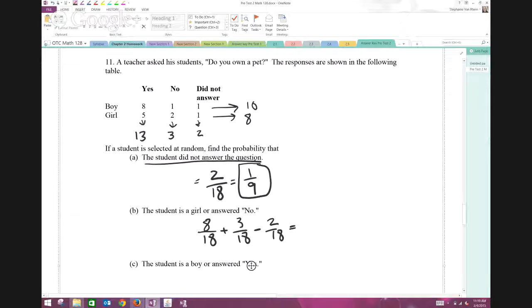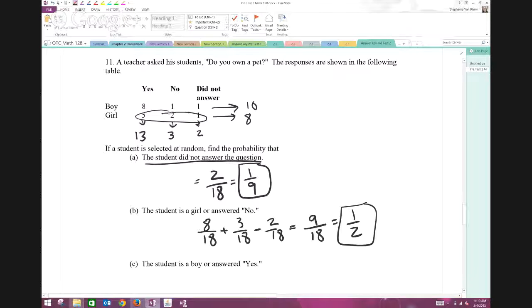So that would give me 8 plus 3 minus 2 would be 9 out of 18, which would be 1/2. You could also go to the table and say the girls plus the no's, and then take 5 plus 2 plus 1 plus 1, and get the same kind of approach there.